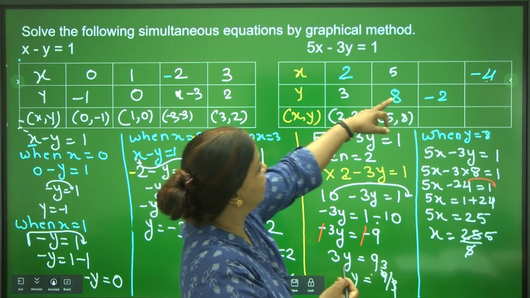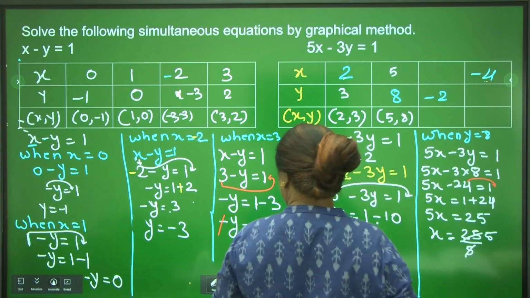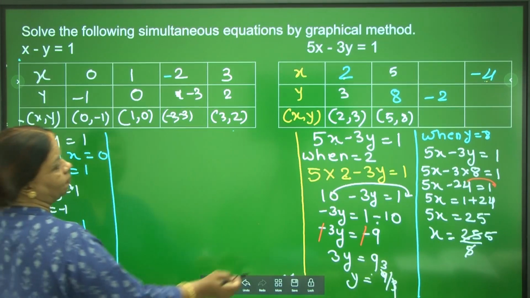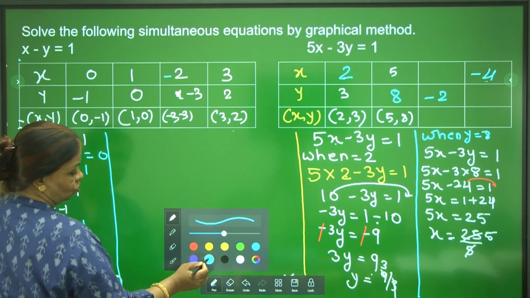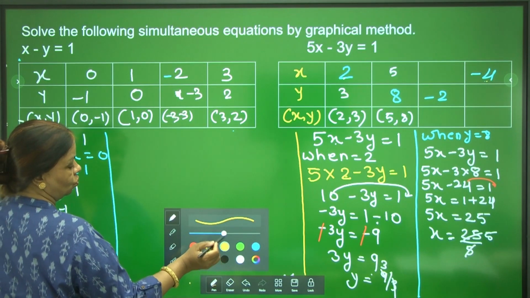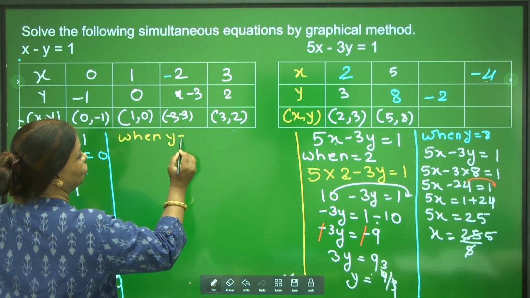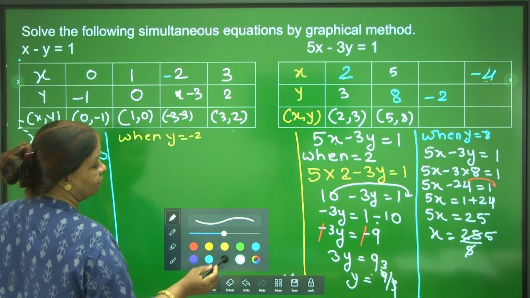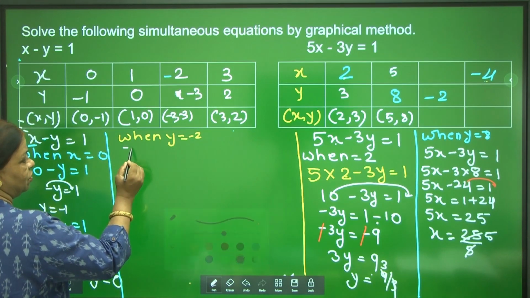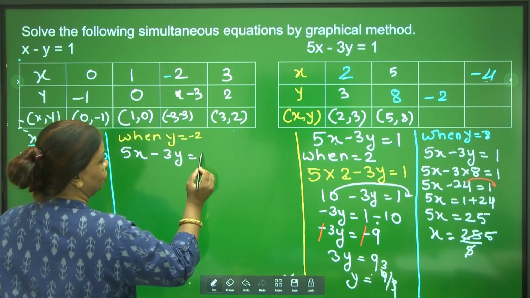Now I want to find out the value of x when y is minus 2. Let me rub this side, children. Okay, what is it when y is minus 2? So when y is minus 2, what will be my x value? So my equation is 5x minus 3y is equal to 1.